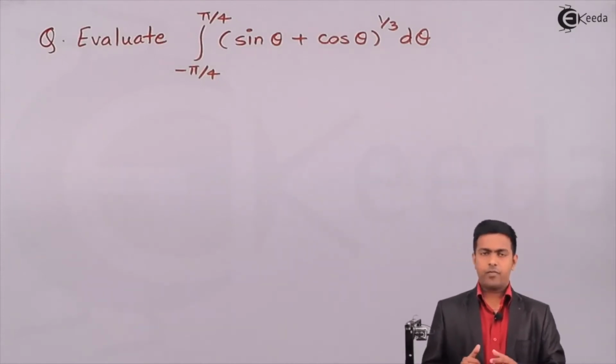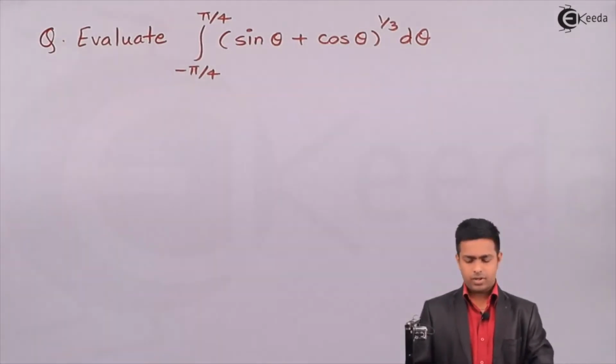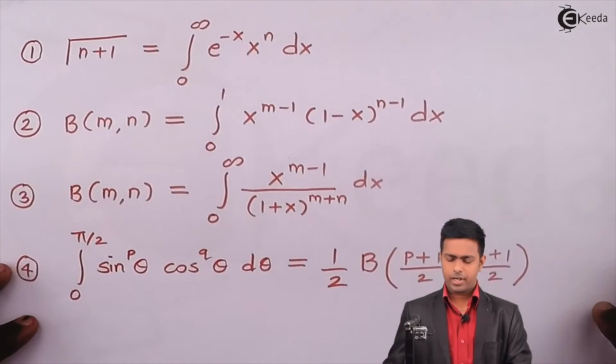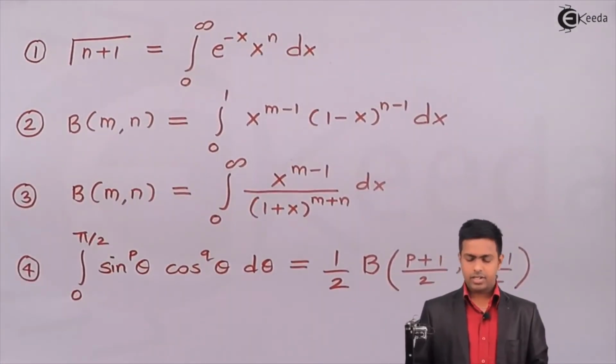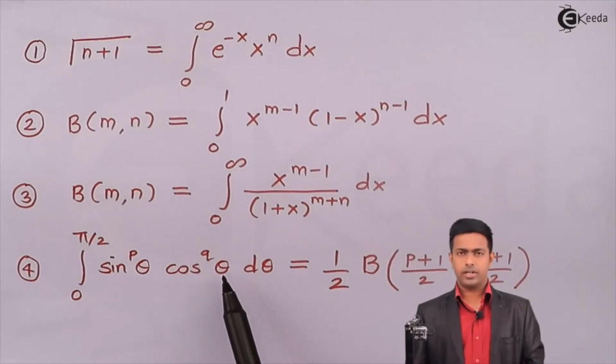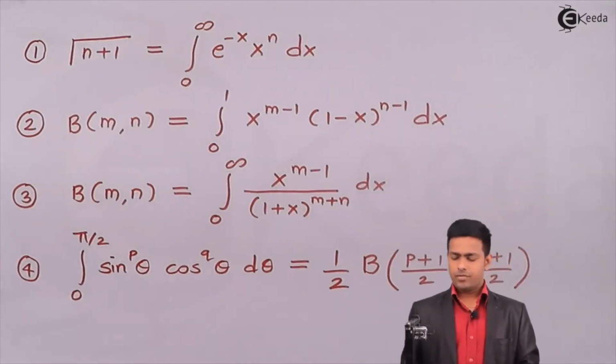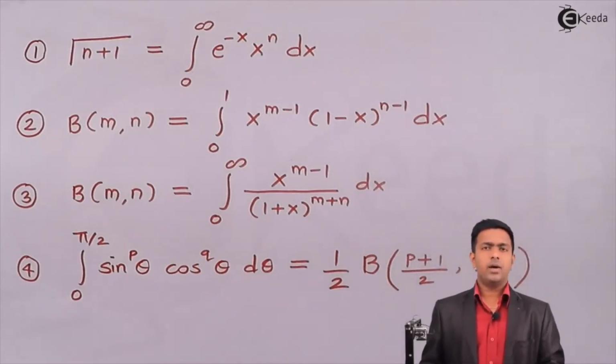If we want to apply the beta function over here, then first of all let's see the definition of beta function. Here, point number 4: sine raised to p theta, cos raised to q theta d theta, with limits from 0 to pi by 2, is the value given by the beta function.